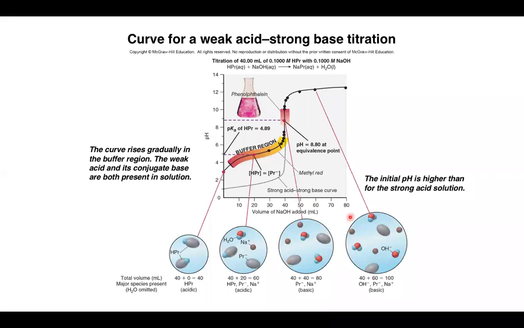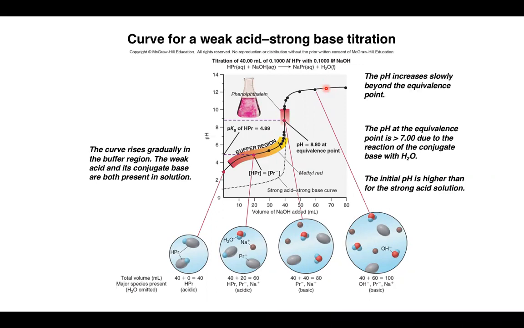And then finally, beyond the equivalence point, we keep adding strong base, and so we get a higher and higher pH. The pH at the equivalence point is greater than 7 due to the reaction of the conjugate base, in this case the propanoate, with water. And the pH increases slowly beyond the equivalence point. This is when we have an excess of the strong base.